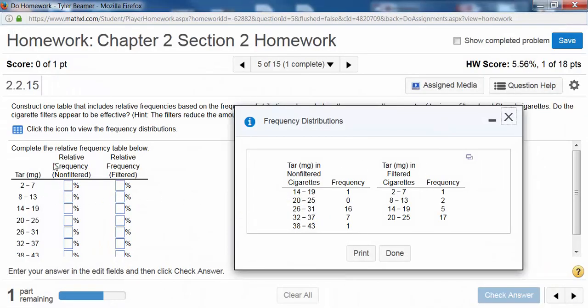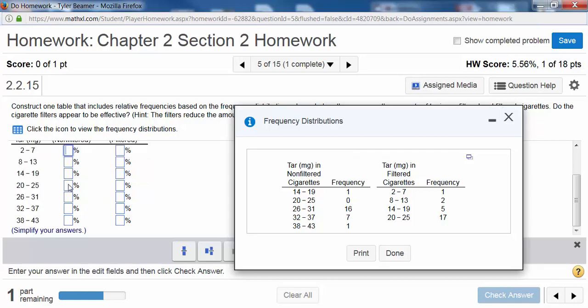Alright, so let's look at doing non-filtered first. And so the first class is 2 to 7. So if I look at the frequency distribution here, notice that I do not have any class that is having tar between 2 and 7 milligrams for non-filtered cigarettes. So then basically the frequency for that is 0.